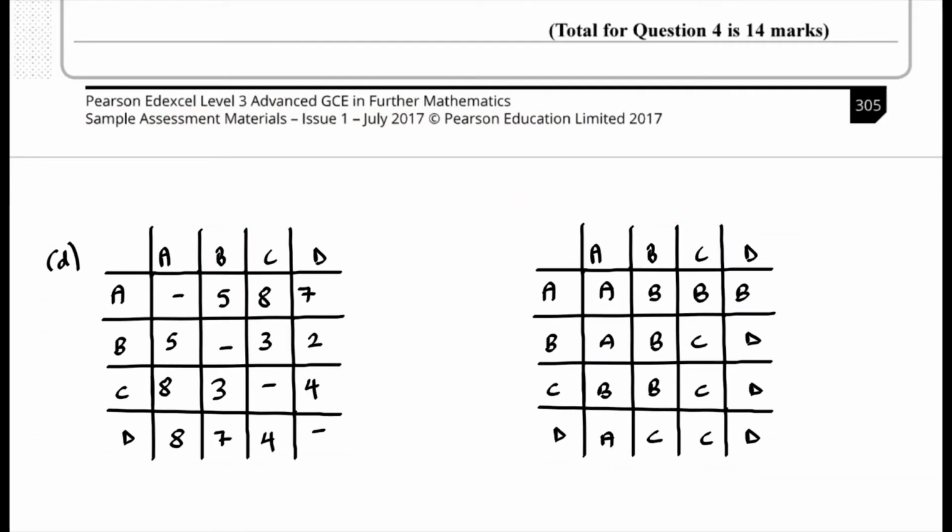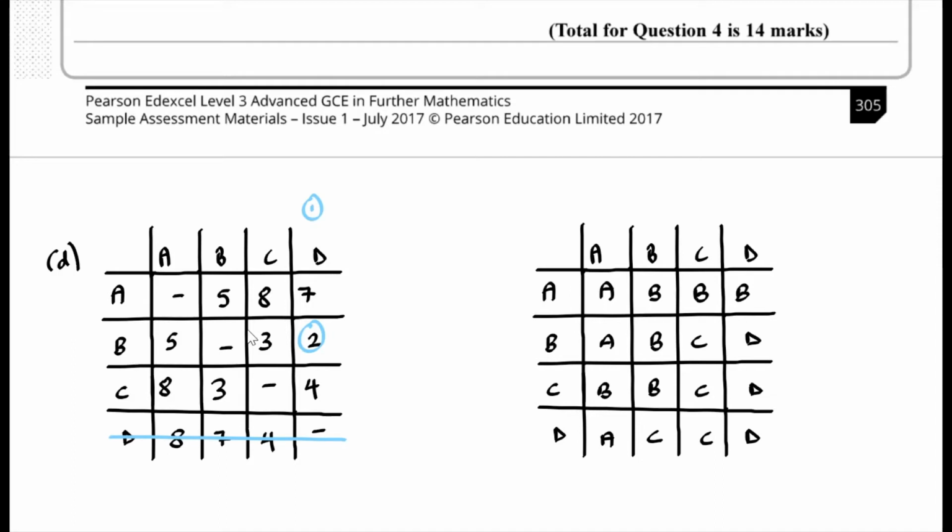So we start over here, and then we delete all of this row, and then we look for the smallest number. The smallest number, you'd find that to be 2, which corresponds to B. Okay?